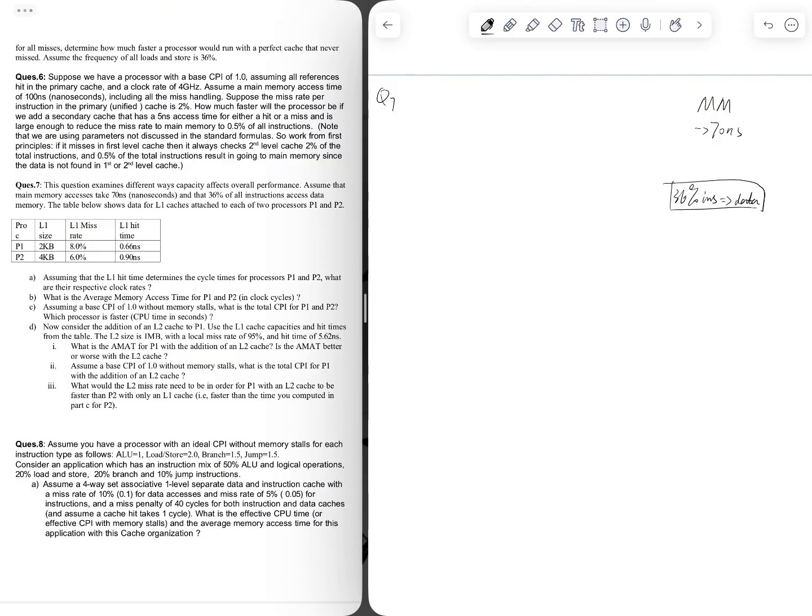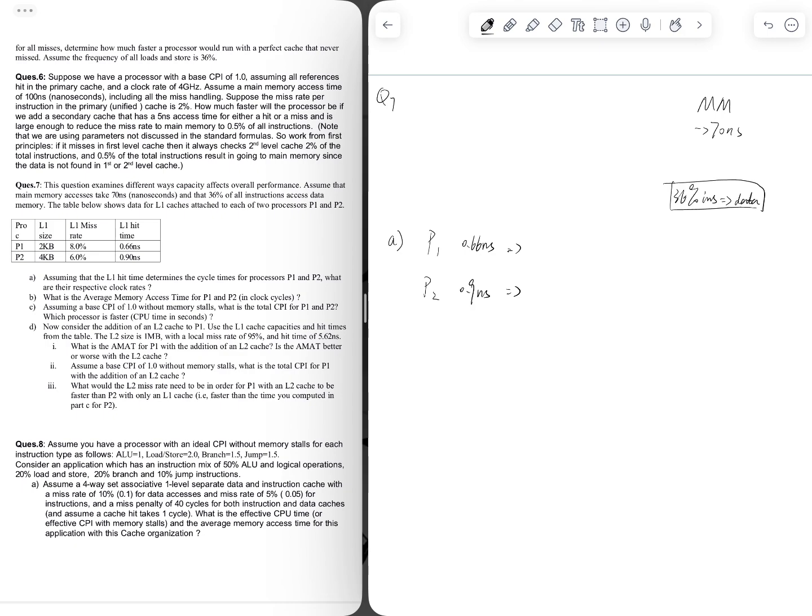Okay, so let's go with part A. Part A says the hit time determines the clock cycles. So for processor 1 and processor 2, the hit time is 0.66 nanosecond and 0.9 nanosecond.